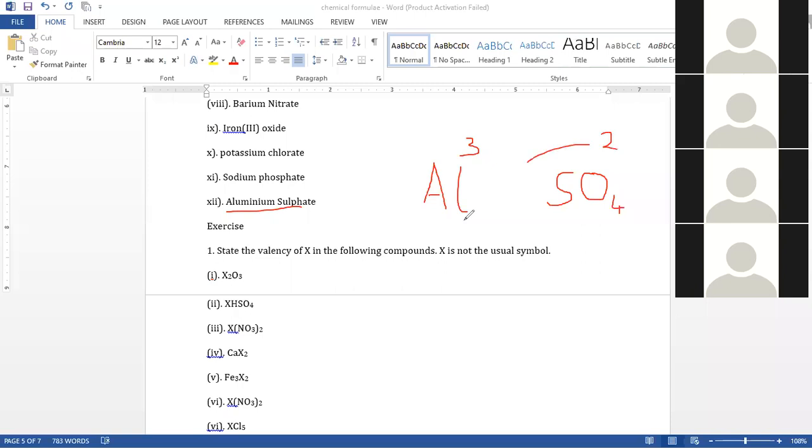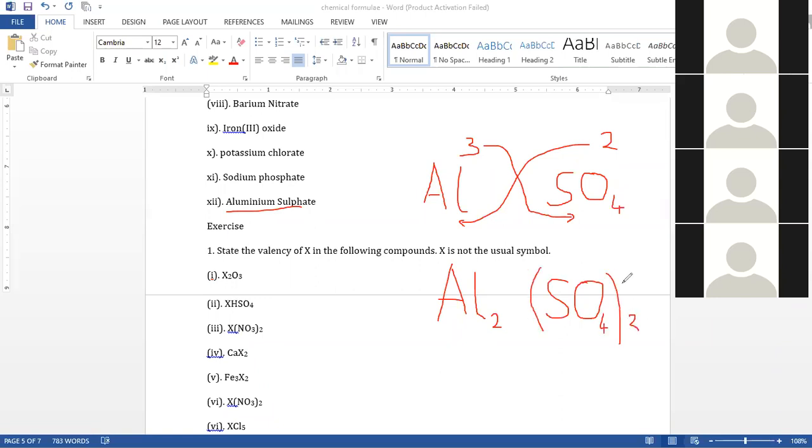Good. I cross multiply, or I interchange valences. Then we see that for aluminium, that 2 has come on aluminium. I put a 2 here. Sulfate, a 3 has come.